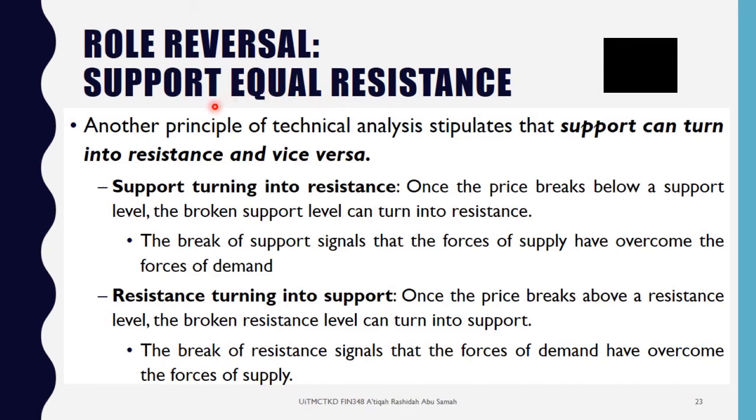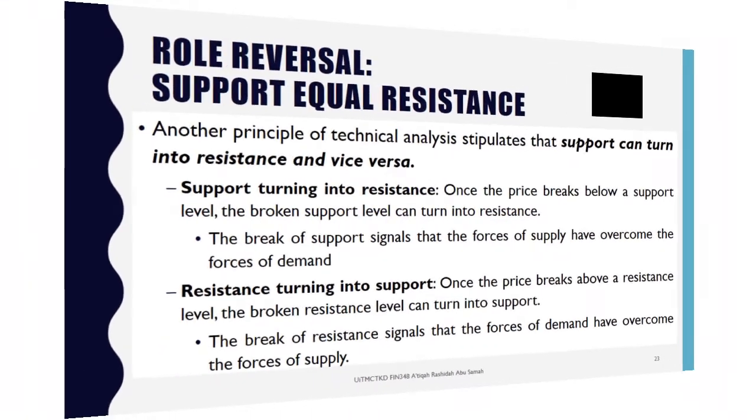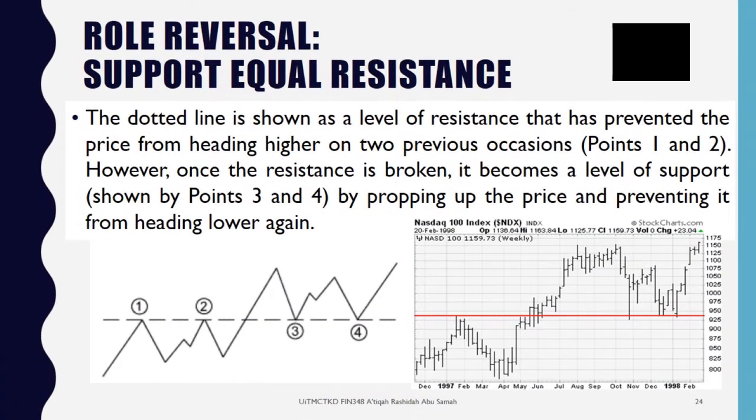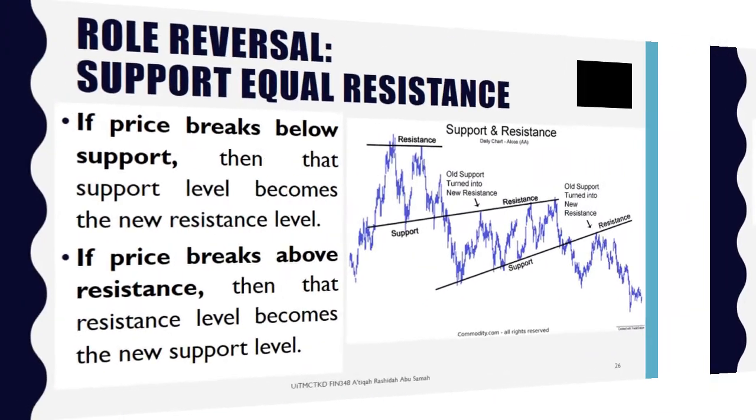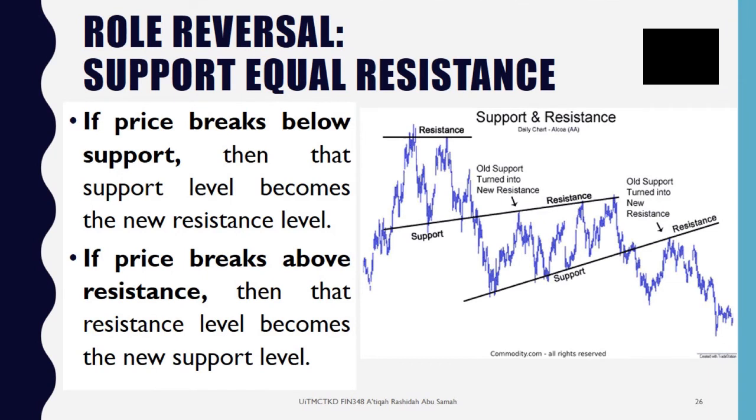These are the role reversals of support and resistance. You may read this one, and this one also. If price breaks below support, then that support level becomes the new resistance level.